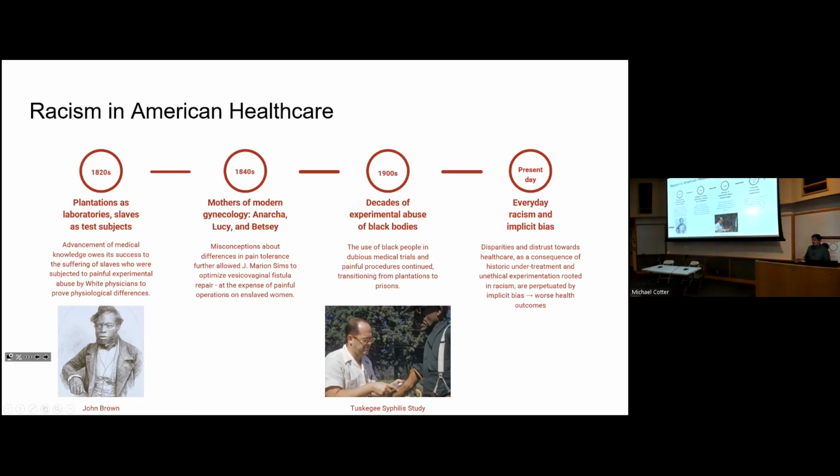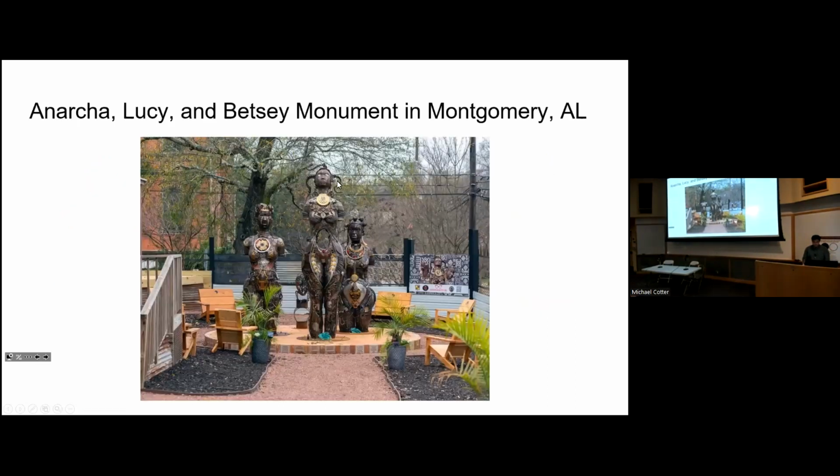And these sort of atrocities were seen similarly in the mothers of modern gynecology. This is a monument in Montgomery, Alabama, of three people who were under immense pain by Dr. J. Marion Sims.